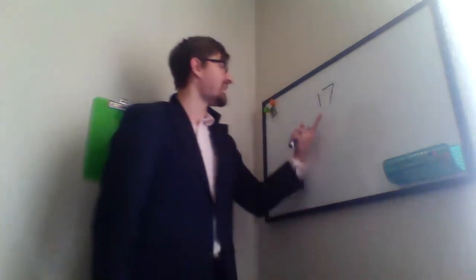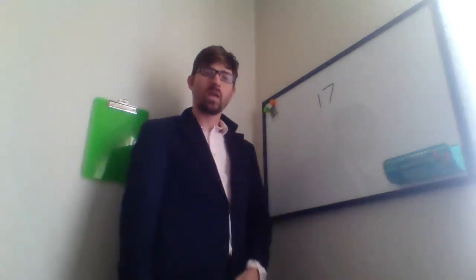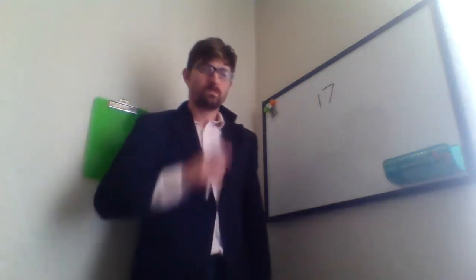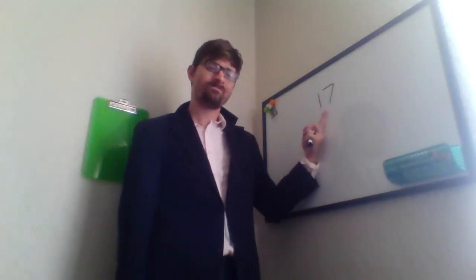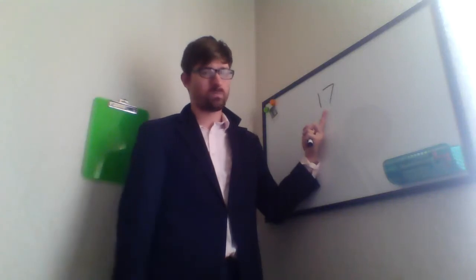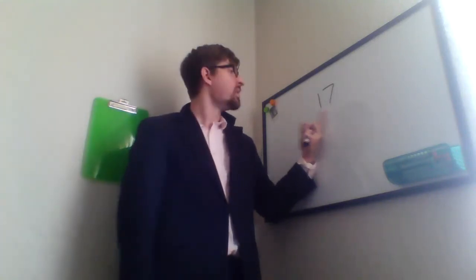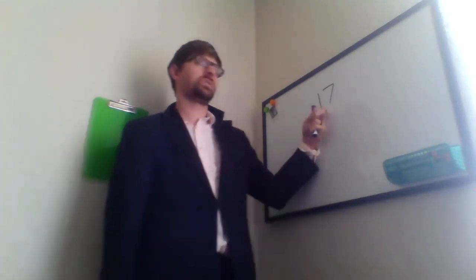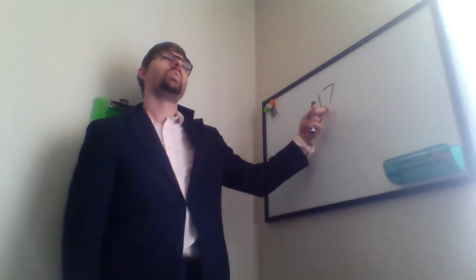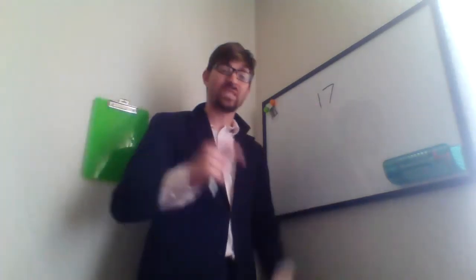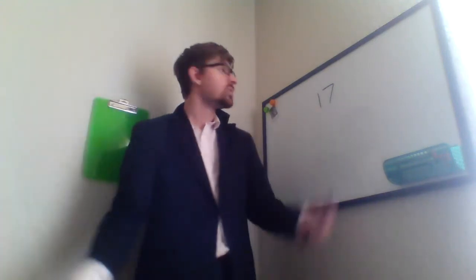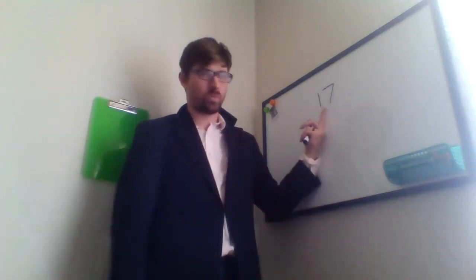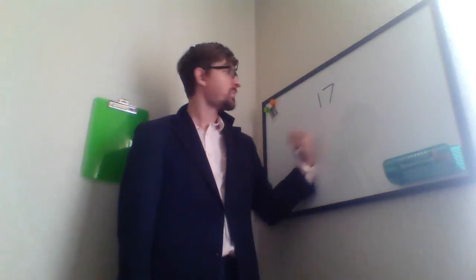So let's look at 17, okay? And let's ask ourselves, does 2 times something equal 17? Unfortunately, no. Let's look at 3. Does 3 times something equal 17? Well, we have 3 times 5, which equals 15. And then 3 times 6 equals 18. So 17 is not a multiple of 3. Okay? How about 4?